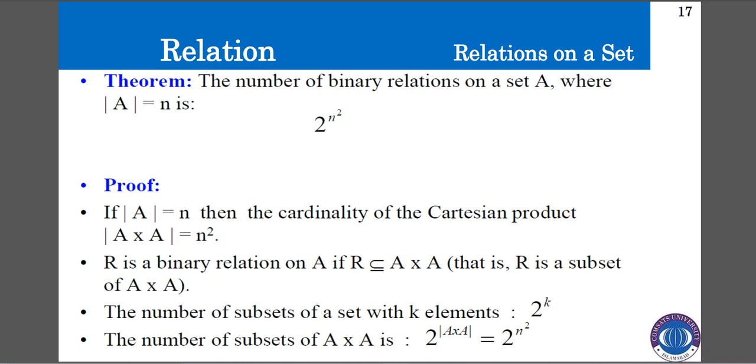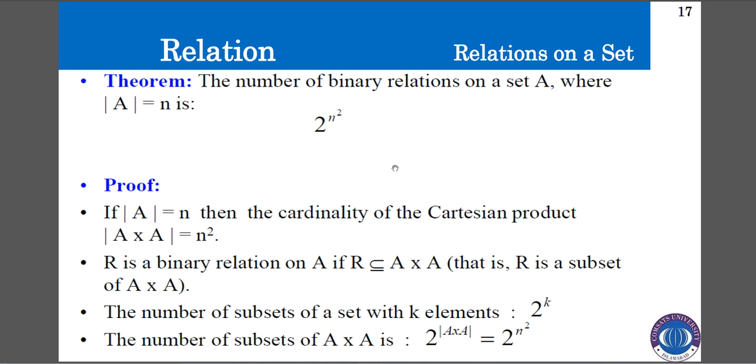R is a binary relation on A if R is a subset of A cross A. The number of subsets of a set with k elements is 2 to the power k. The number of subsets of A cross A is 2 to the power n squared, so the total number of relations on a set that has n elements will be 2 to the power n squared.